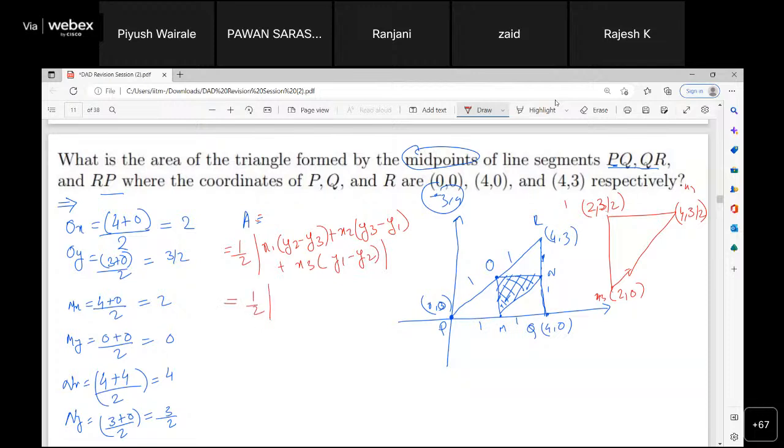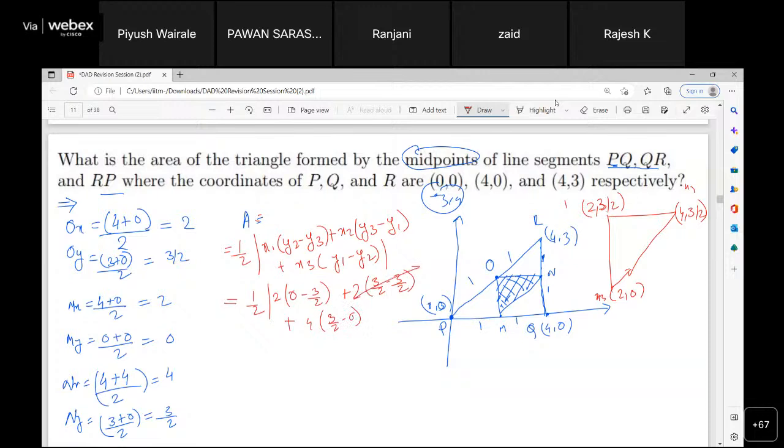Now if we apply this formula, what will I get? What is x1 here? 2. What is y2 minus y3? 0 minus 3 by 2, right? What is x2? 2. And what is y3 minus y1? It is 3 by 2 minus 3 by 2, right? Plus x3 is 4 and y1 minus y2 is 3 by 2 minus 0.